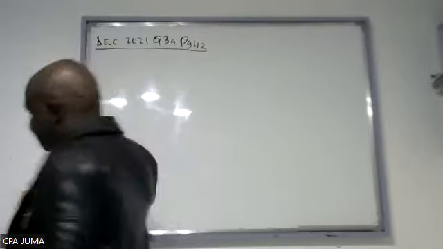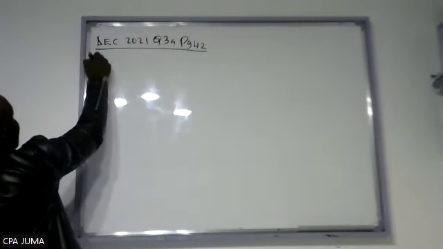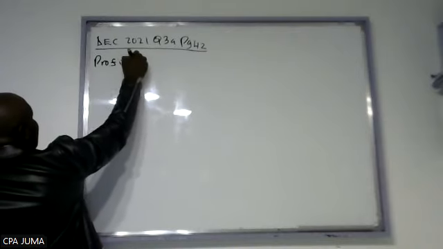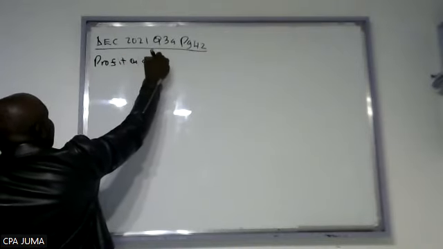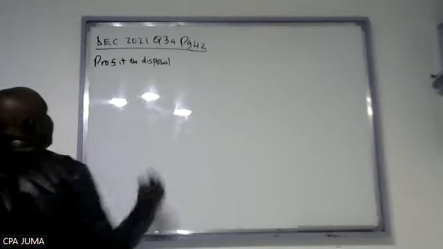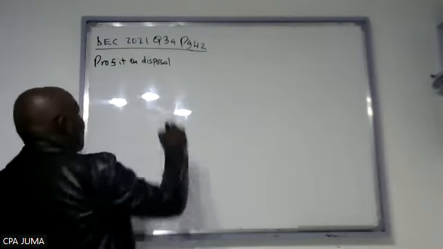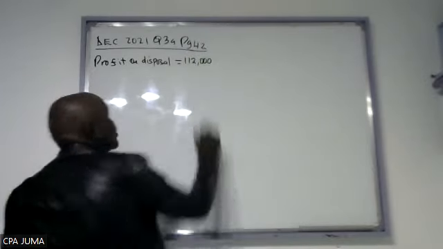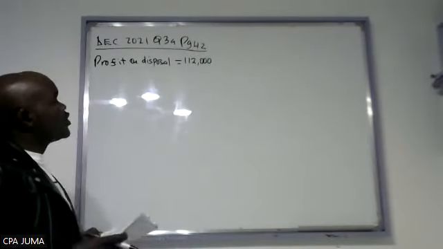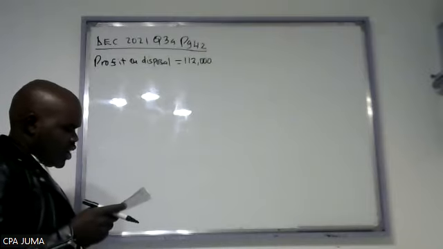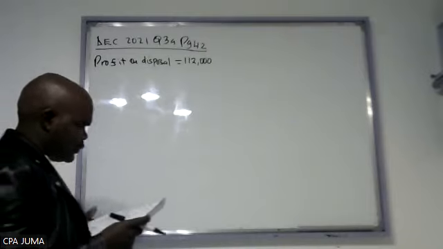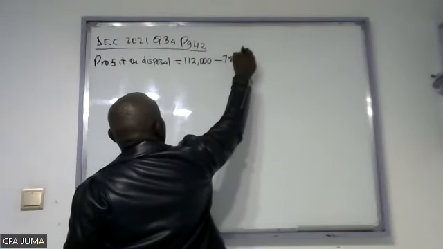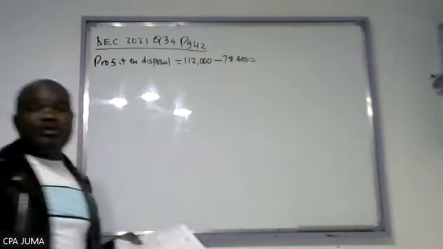Let's start below. Profit on disposal. They sold it at 112. Let's work in thousands. So they sold it at 112 minus 78,400.